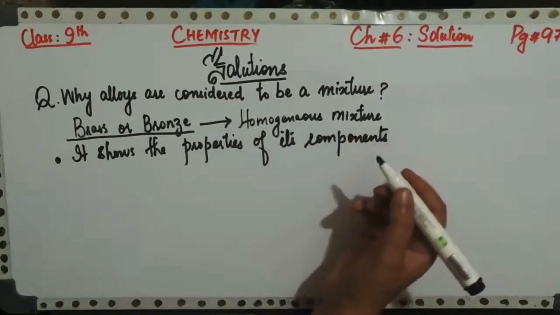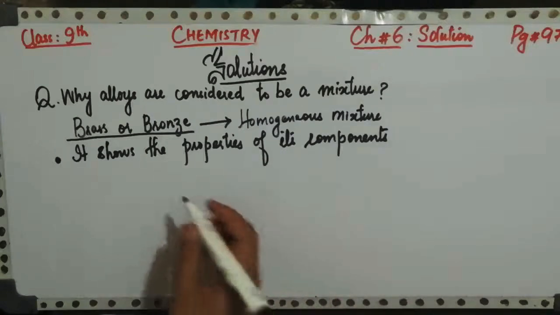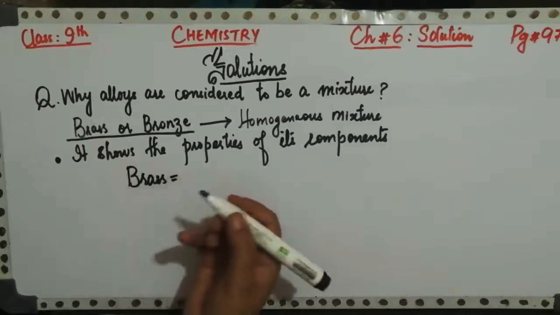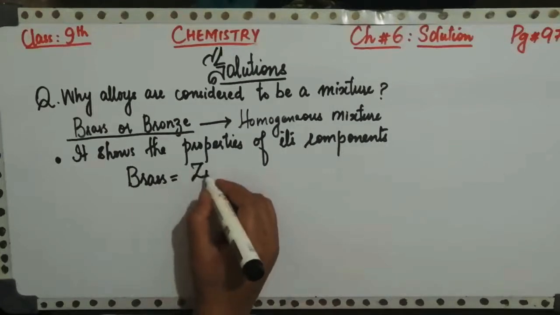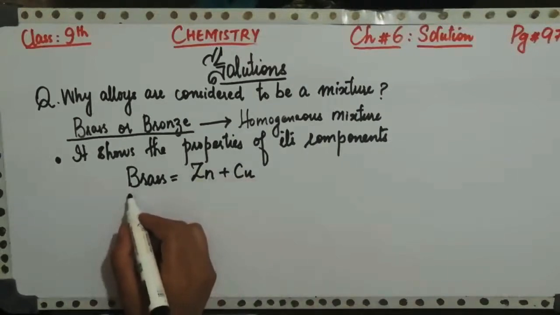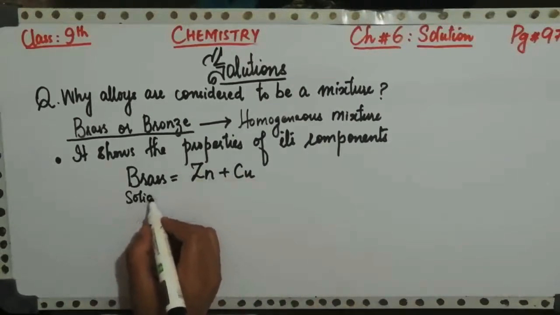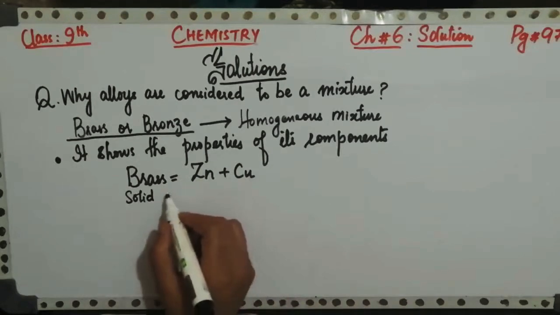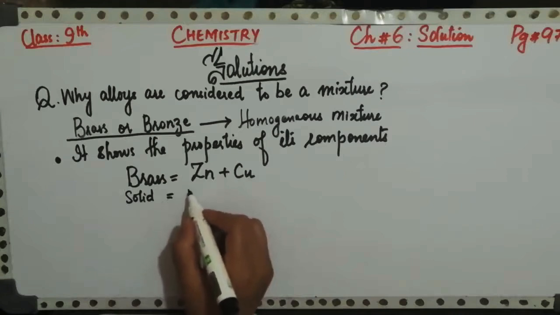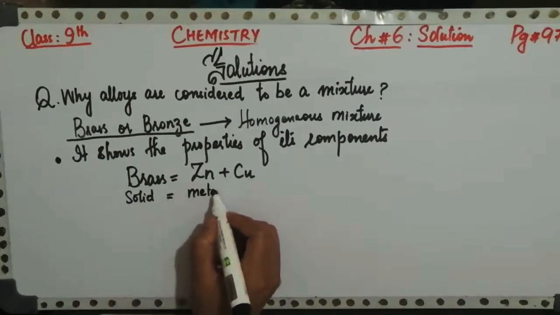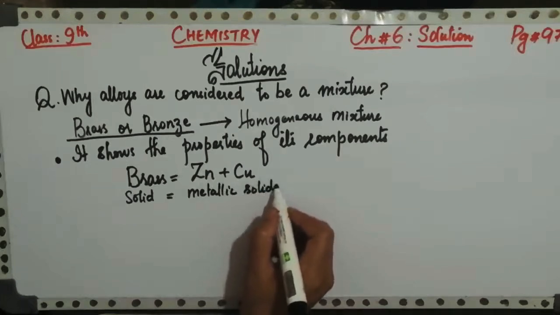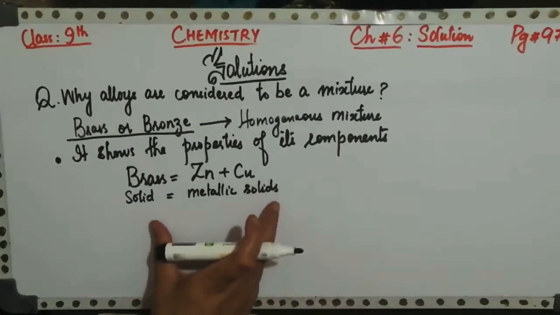For example, brass is a solid solution of two important metals in it. One is zinc, another one is copper. So brass is basically a solid solution. It is a homogeneous mixture, and the components which are making this solid are also metallic solids, and solids have the same properties.